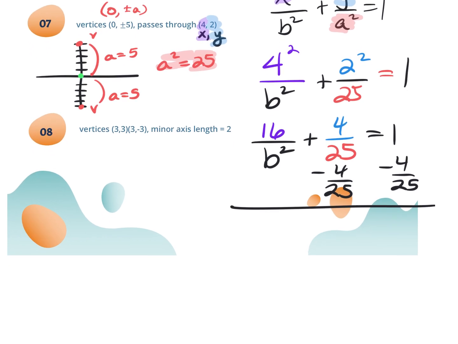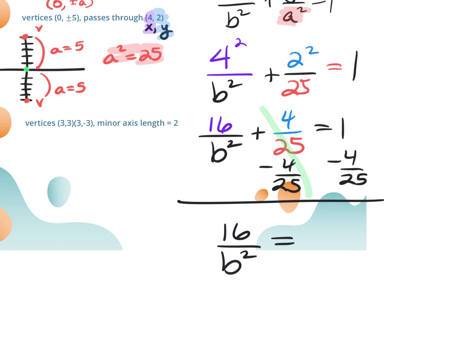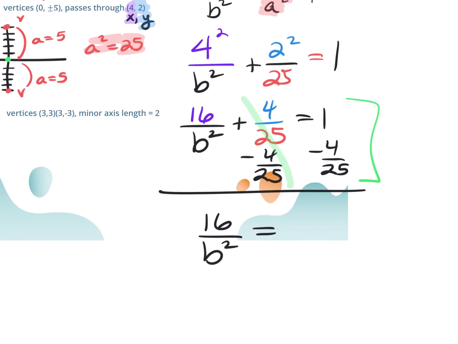So this is gone, and I'm left with 16 over b squared. In order to subtract, I'm going to change my whole number 1 and make it 25 over 25. Then I can subtract the 4 over 25, and this gives me 21 over 25.